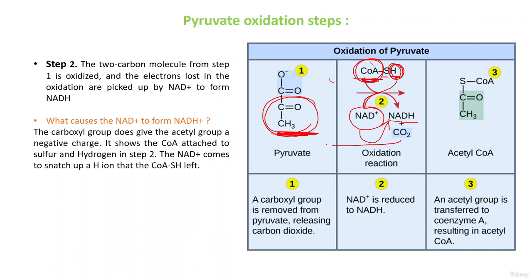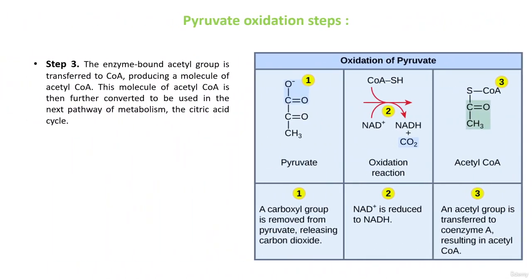So the products are CO2 from step 1 and NADH from step 2. Now the very last step is that the acetyl group is transferred to CoA. See how the CoA is attached through the sulfur to this two carbon molecule.